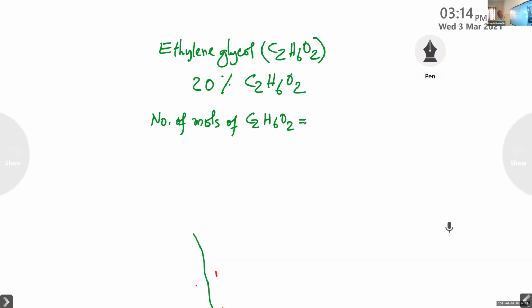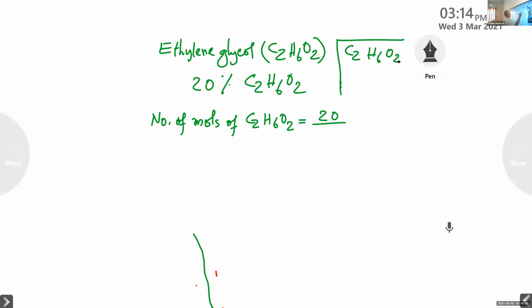Here 20% by mass. That means if you take 100 gram of the solution, there will be 20 gram of ethylene glycol. So 20 divided by molar mass of ethylene glycol. It's not given, but the formula is given. From the formula, you calculate the molecular mass.